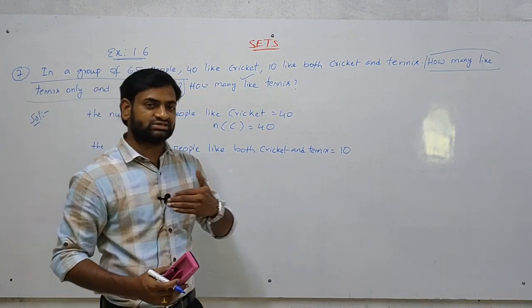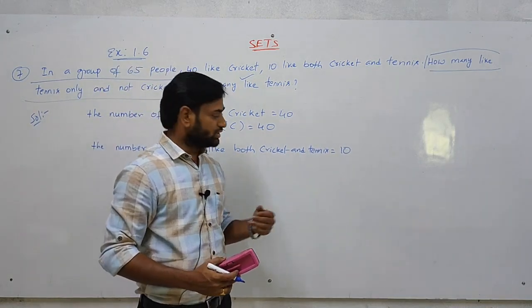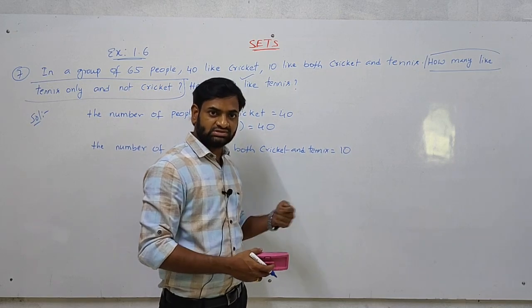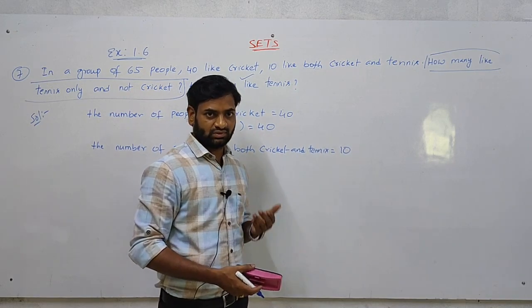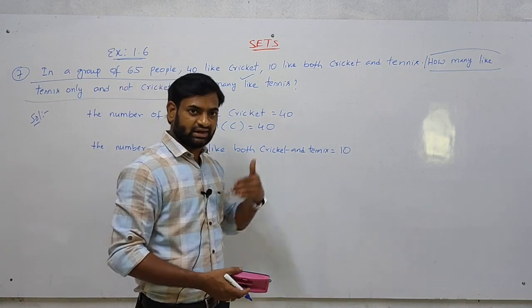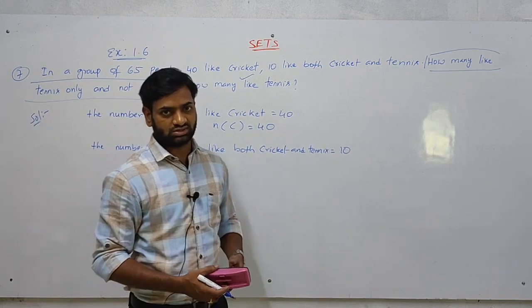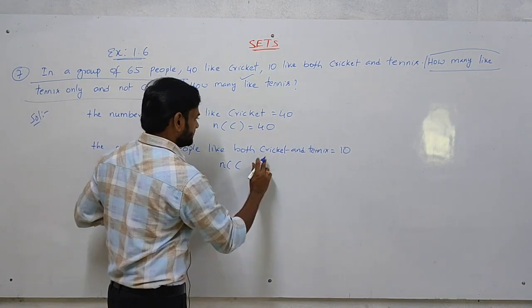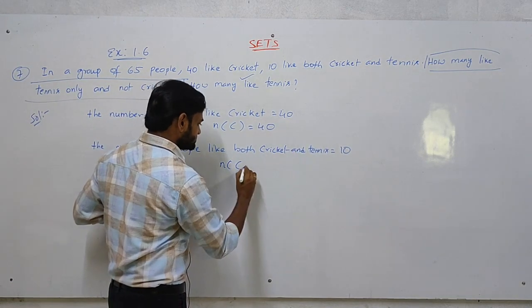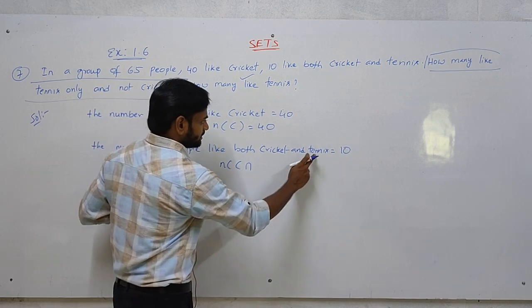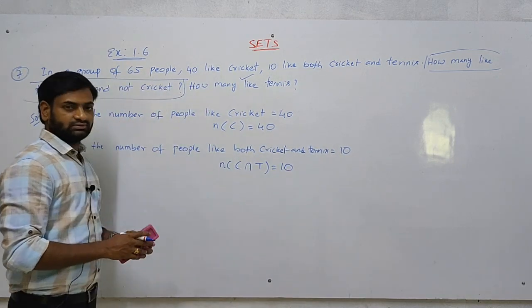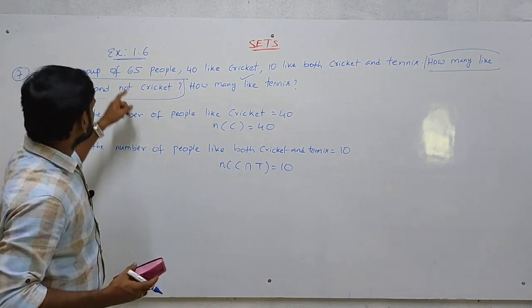If you see the word both, it means the and symbol, intersection. Remember these words. So that is n of C, cricket means C, and means intersection, tennis means T, is 10.